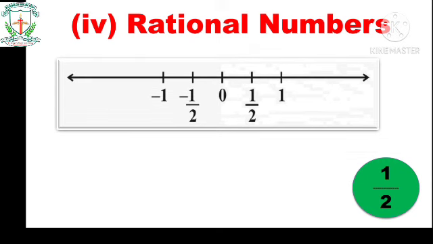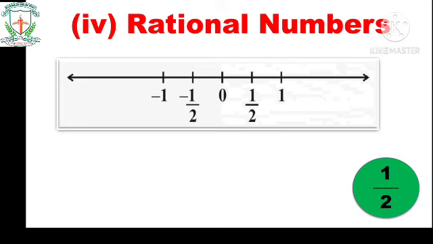So we'll draw the number line like this. The number 1 by 2 has to lie between 0 and 1. Now we divide the length between 0 and 1 into equal parts. How many equal parts is the question. The denominator tells the number of equal parts.